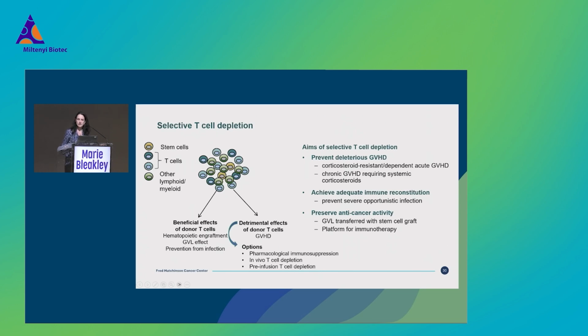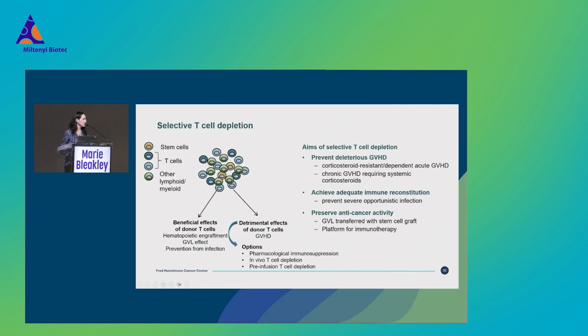But some donor T cells are also central to the pathogenesis of graft-versus-host disease. Depletion of T cells from the donor cell collection before infusion into the patients can be very effective in reducing GVHD. However, as you're aware, pan-T cell depletion is often associated with severe opportunistic infection, including sometimes life-threatening infection.